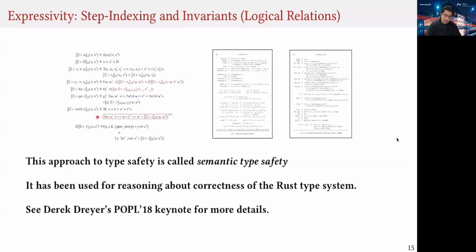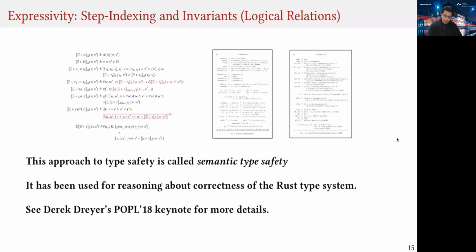And these red parts here are the Iris-specific constructs that we have used, and that makes things much simpler. And also using this logical relation and proving the properties that you want to prove about this logical relation in order to conclude type safety, those are also that much easier and that much more compact when you work in Iris. This approach to type safety using logical relations is called semantic type safety.